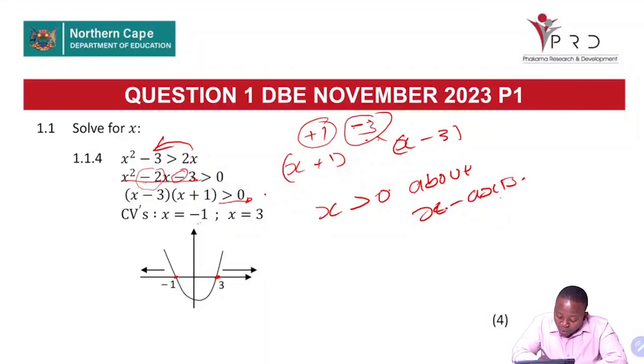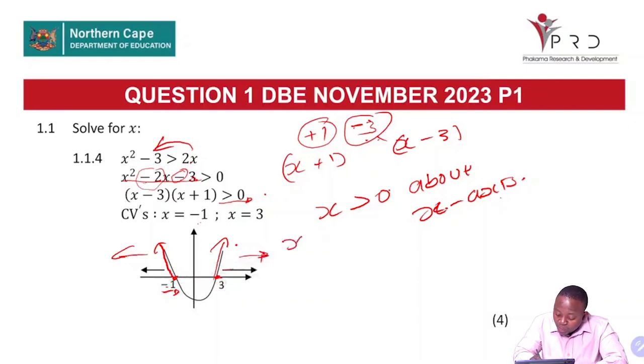Let's now check. As we draw our graph, going that side and that side, below negative 1 we can see we are above the x-axis, and after 3 we are above the x-axis. Between negative 1 and 3, the graph is below the x-axis.